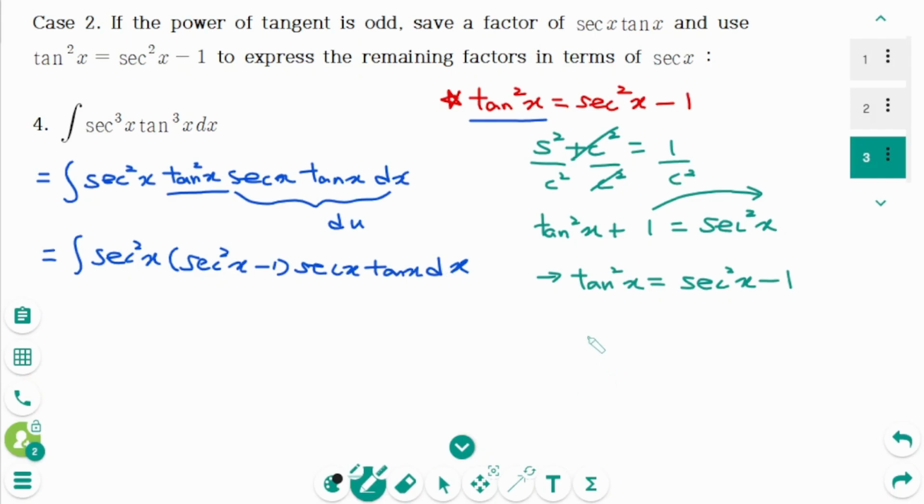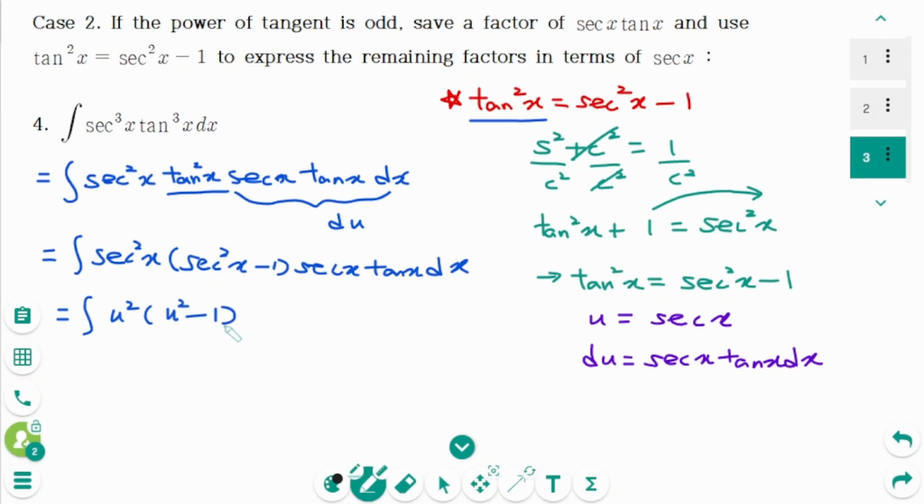Now use u substitution. Let u equal secant x, then derive on each side. Du equals secant x tangent x dx equals integral of u squared times u squared minus 1. This part is du. Then expand u to the power of 4 minus u squared du.